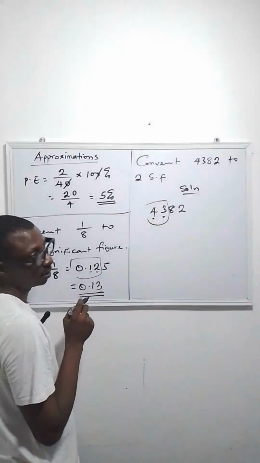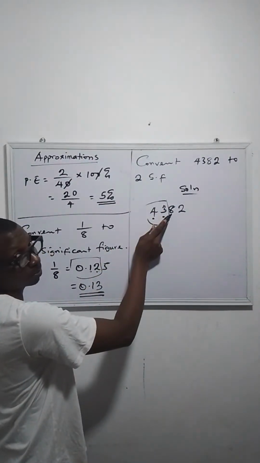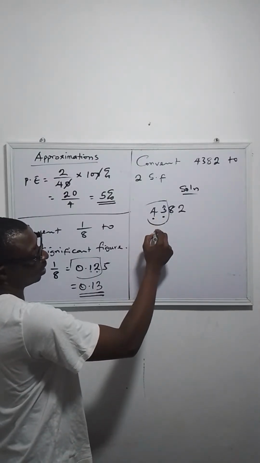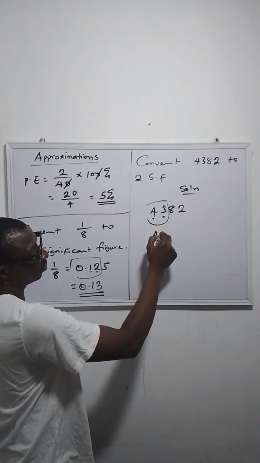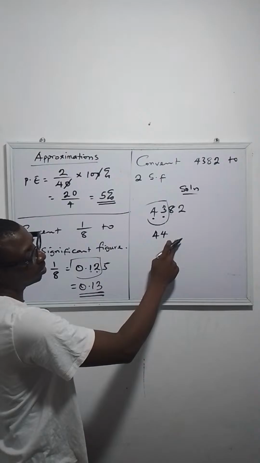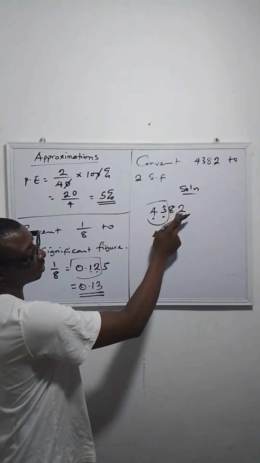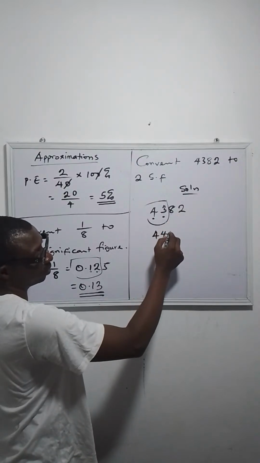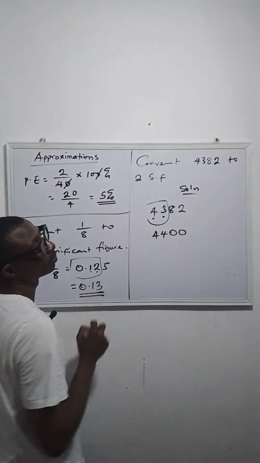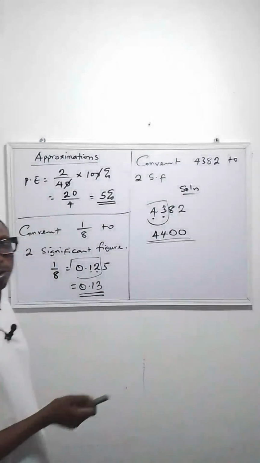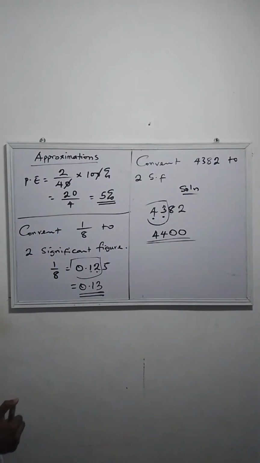But then you look at the next digit, it is up to 5. So if it is up to 5, you increase this. So that means we have 4, 4. But I will not just leave my answer this way, because these two digits are before the decimal point. So I will turn them to 0, so I have 0, 0. So the answer to this problem is 4,400. I want to believe you understand that.